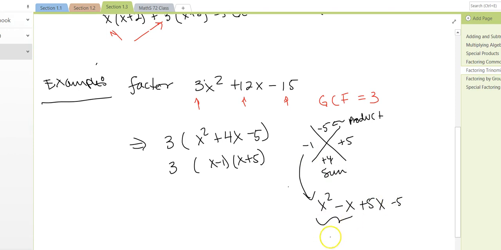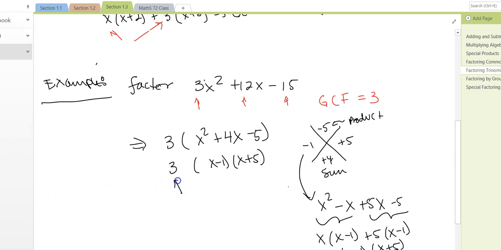And so we factor by grouping. So these two, we group them 2 at a time, since I have 4. So these two have an x in common, and you're left with x minus 1. These two have a 5 in common, and then you're left with x minus 1. So now what you're left with is x minus 1 is the GCF, and you're left with x plus 5, which gives us the same thing.